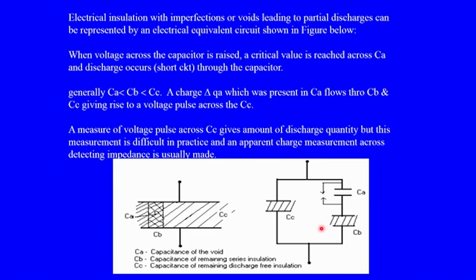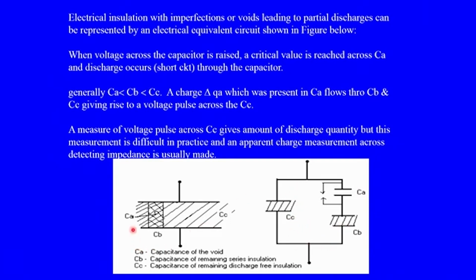Here CA, CB and CC: CA is the capacitance of the void, or any imperfections existing in the insulating material. CB is the capacitance of the remaining series insulation along with CA. Then CC is the remaining discharge-free insulation.